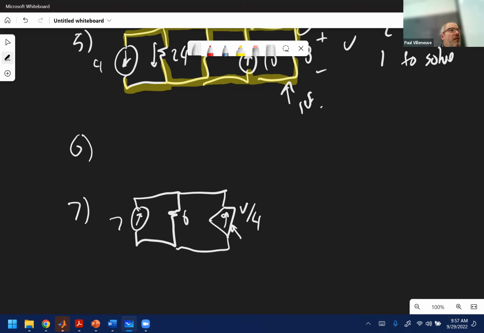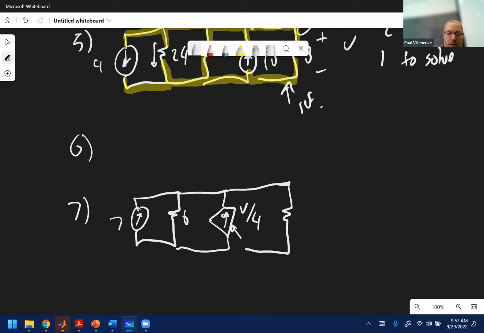Just because the controlling variable is a voltage, that doesn't mean that it is a voltage source, okay? It is a current source if you see an arrow. It is a voltage source if you see plus and minus. That's the key thing to understand. Don't get caught up in what the controlling variable for the dependent source is. You're going to give yourself a lot of agita.